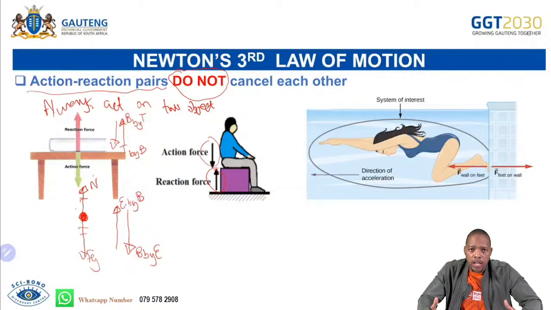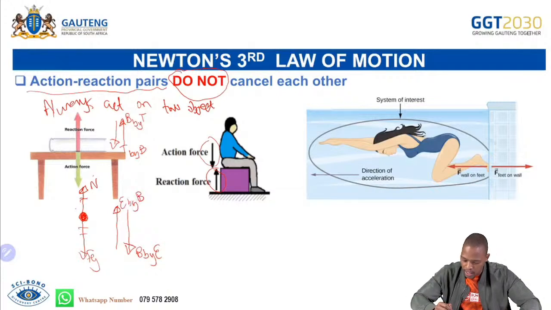Because as Newton tells us, when object A exerts a force on object B, B will simultaneously exert an oppositely directed force of equal magnitude on object A. It doesn't matter the size of the two objects. That's why we can even say when the earth pulls us down, we also pull the earth with the same amount of force that the earth pulls us with. The force is the same, it is just in opposite direction.